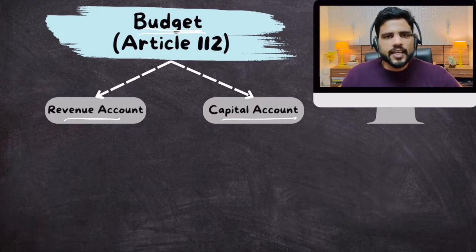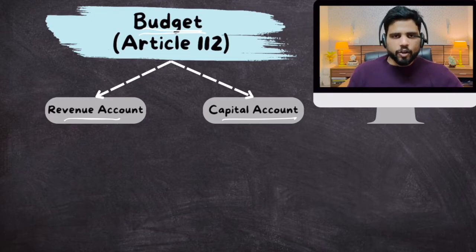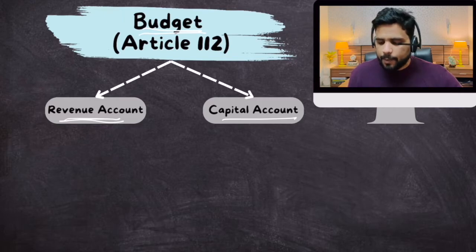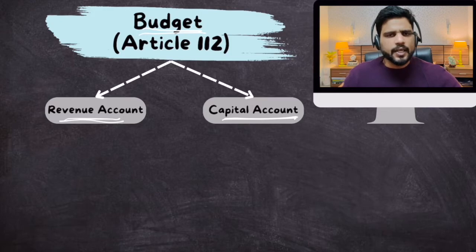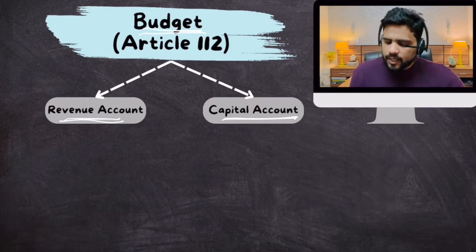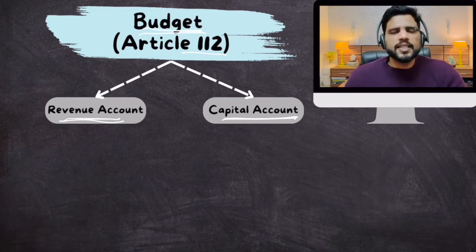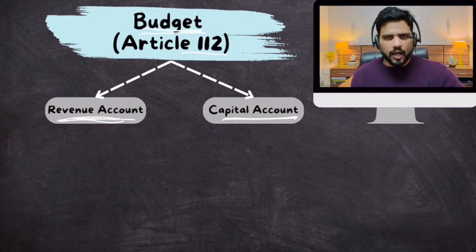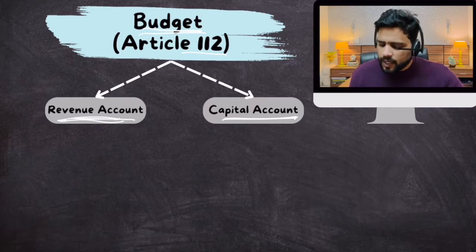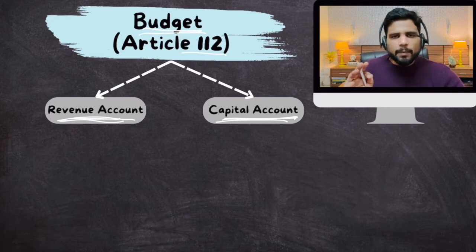So all the receipts and expenditures that are in revenue account shall be presented as such, and all the receipts and expenditures that are in capital account will be presented in that account, as such. Okay. Now the thing is that article 112 mentions that receipts and expenditure shall be separated into revenue account and other accounts. So the constitution says other accounts, but those other accounts are nothing but capital accounts. Okay. The constitution doesn't use the word capital, but it means capital only.